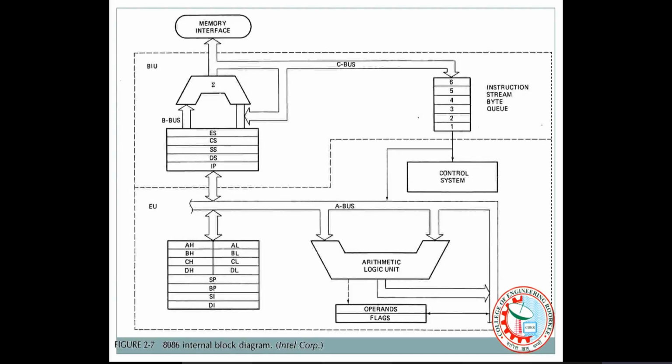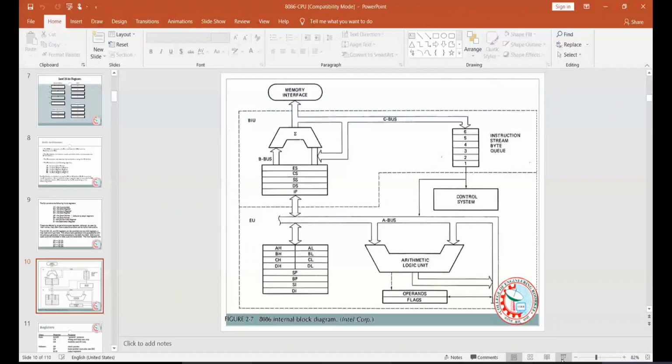Fine. So in this particular diagram, how many sections are we having? Look at this dotted line. This dotted boundary is dividing this particular architecture in two parts. Fine.